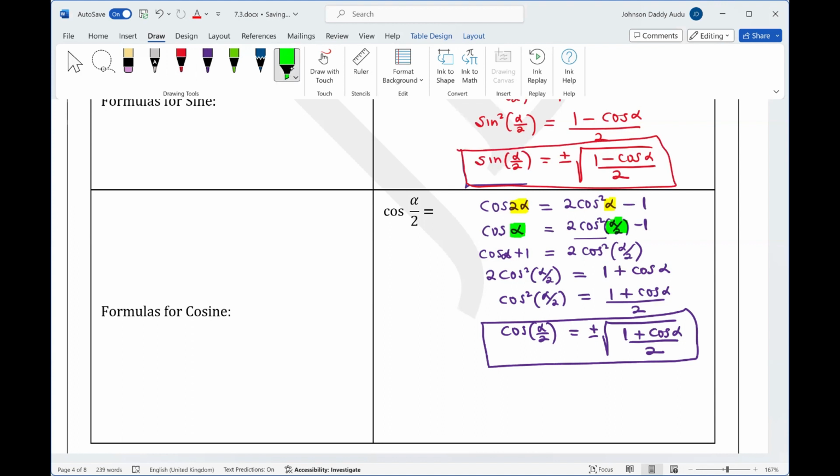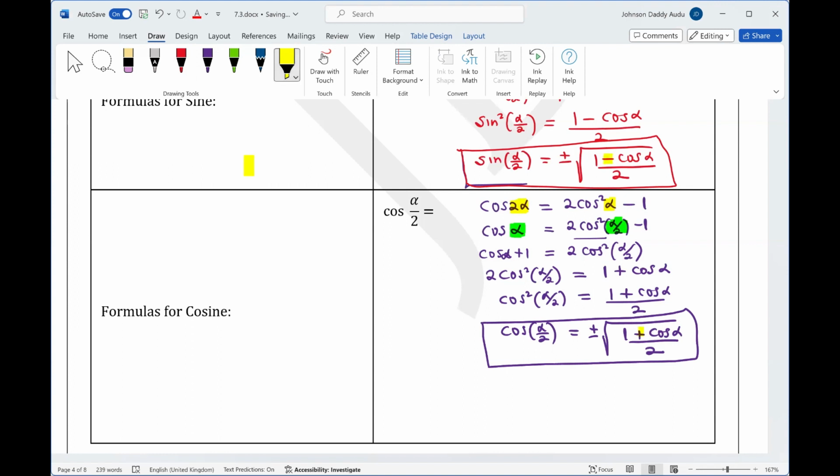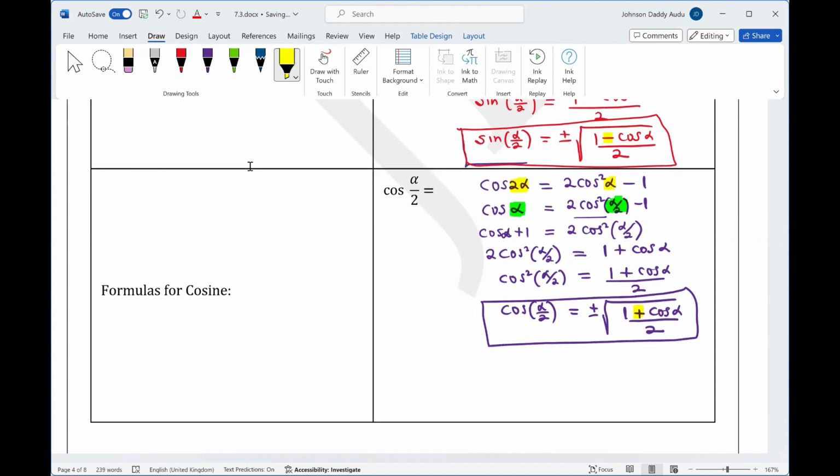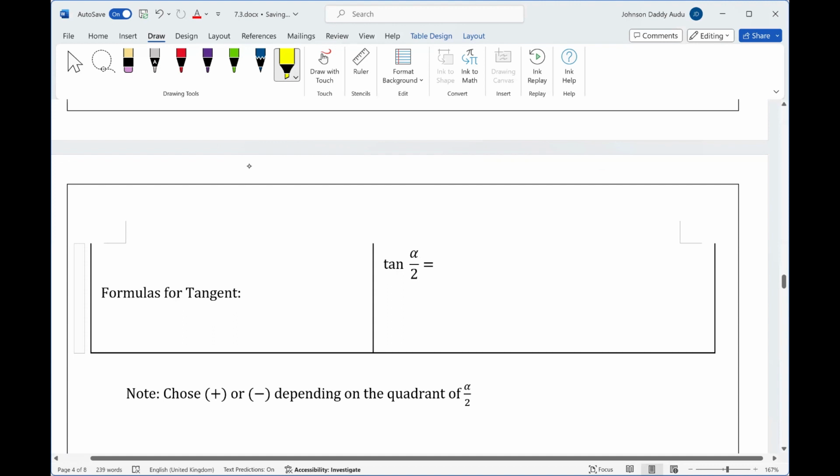Now, one thing you need to take note of as the difference is that here it is negative, while here it is positive. That is just the difference. Okay, now let's talk about that of tan.